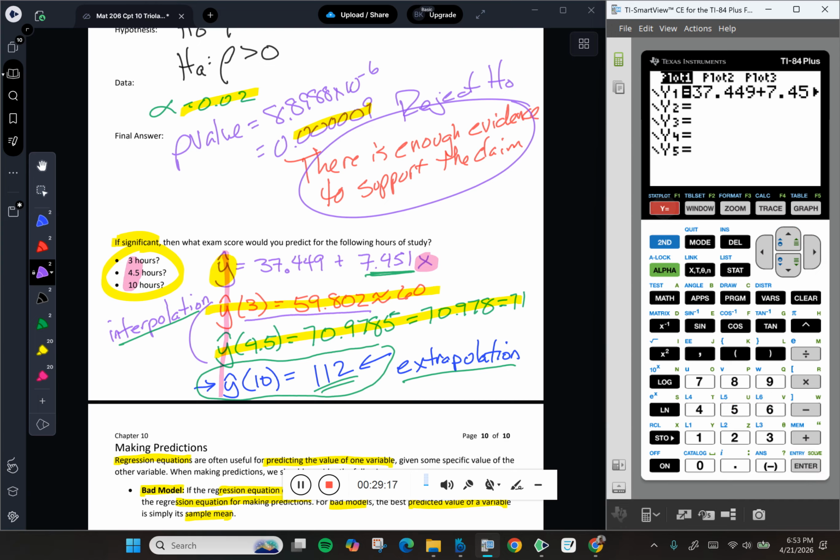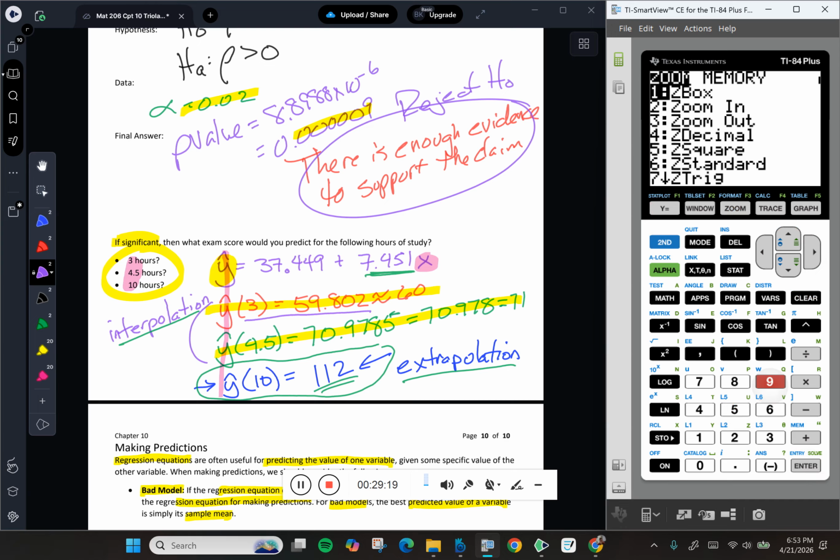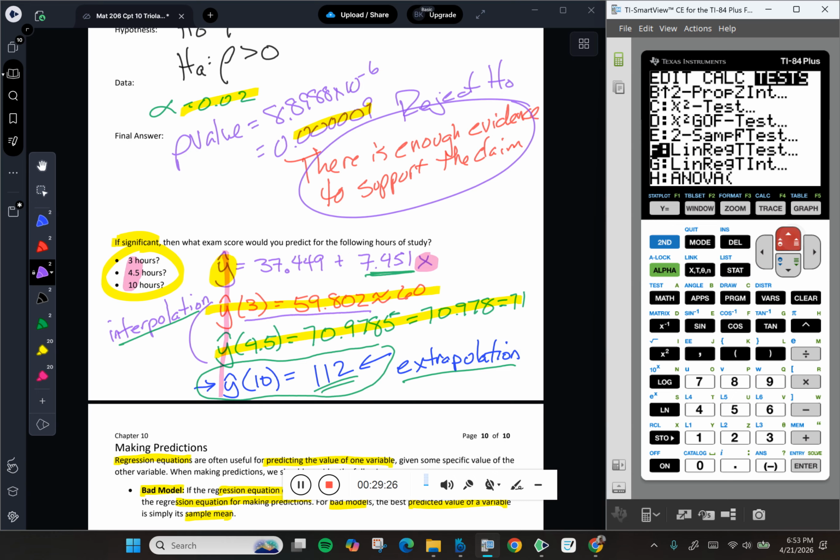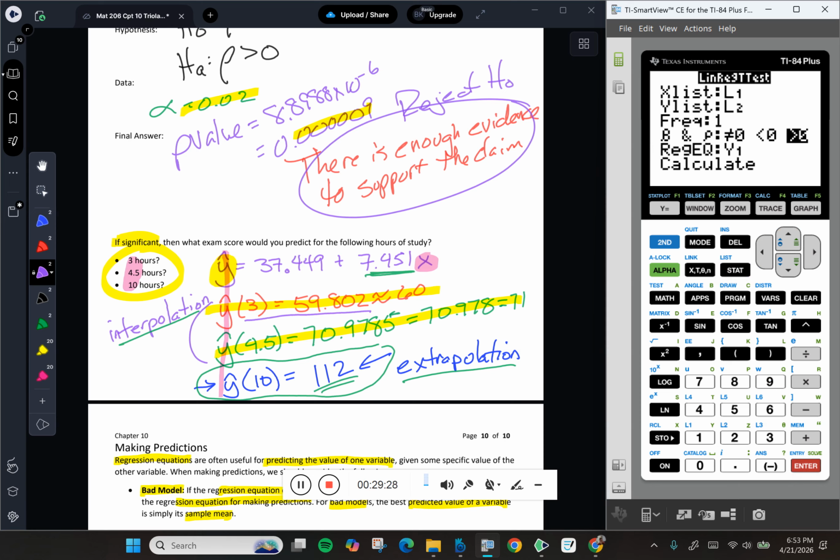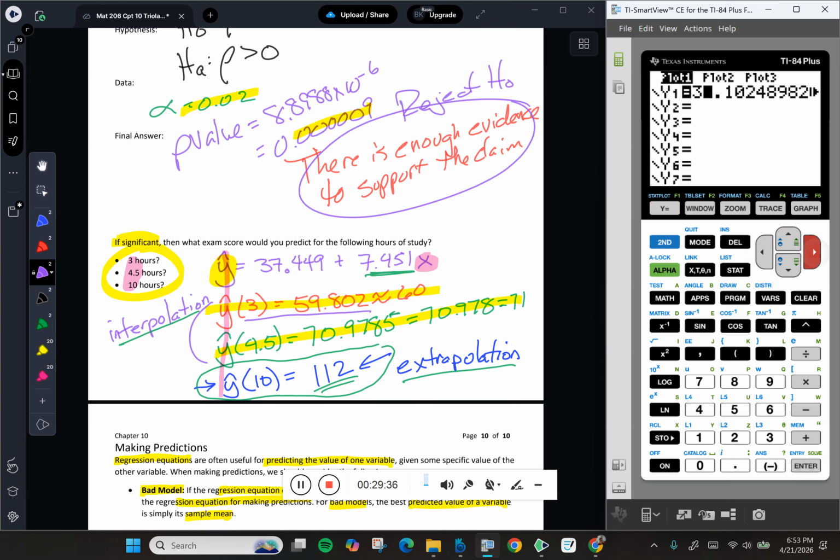And if I clear this and do a zoom 9, that's that Yellowstone data. Stat, test, linreg t-test. Calculate. There's the equation of the line. And if I graph it, there's the equation of the line on top of the data.